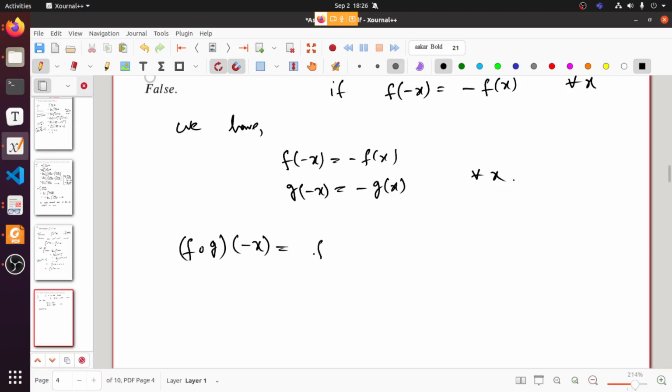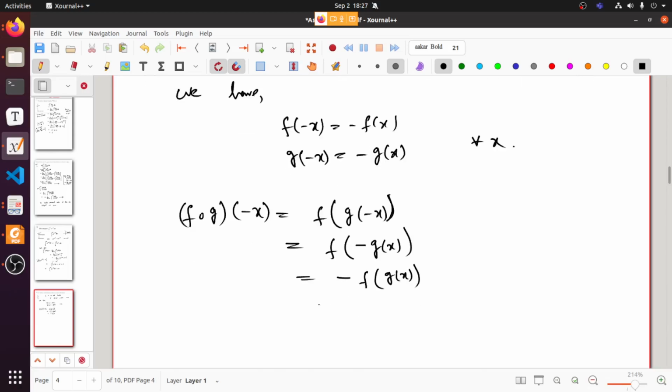How is f compose g defined? f of g of minus x, right? Now use the property for g: g of minus x will be minus of g x. Now again f is an odd function, so use the property that f is odd, so minus will again come out, f of g of x.